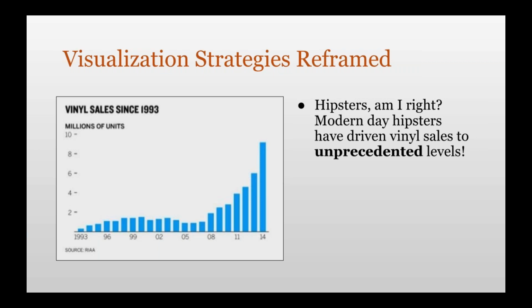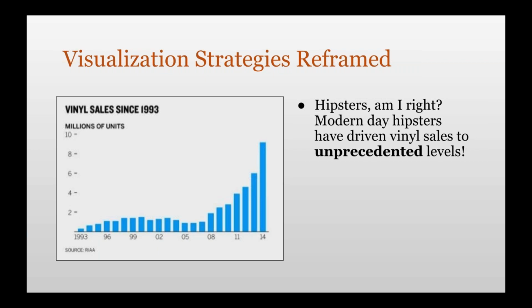So if I have a visualization showing the data going back to 1993, I'm making the claim that this was really unprecedented, that this is being driven to new highs. And so we'll hold off on this for a second.